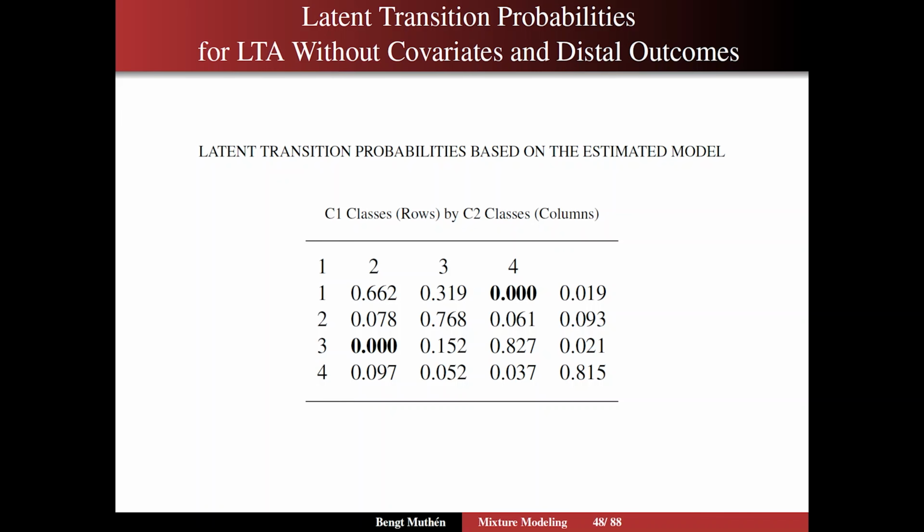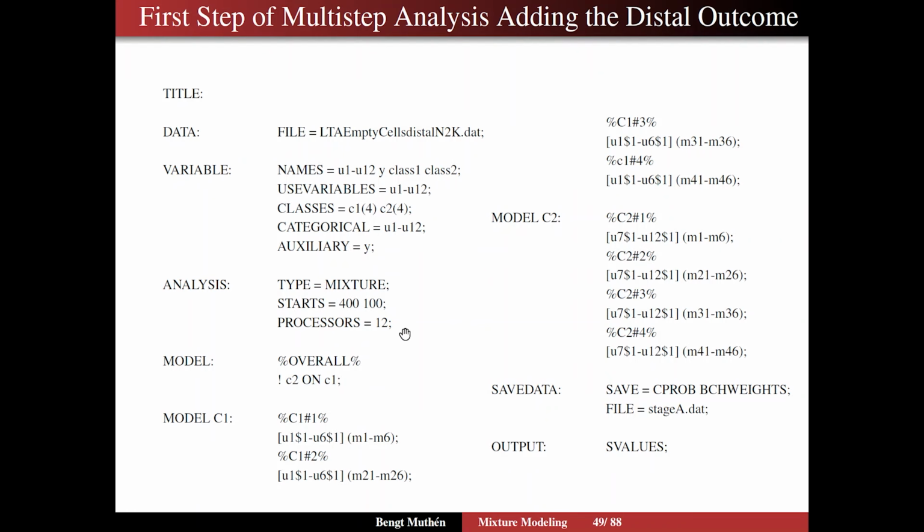Let's see. When we now move to multi-step analysis, adding the distal outcome, let's look at the first step here. We do the latent class indicators, and we have the invariance across time as before, and we open up for the possibility of using all 3 methods by asking for C-probs for 3-step, BCH weights for BCH, and S values for 2-step.